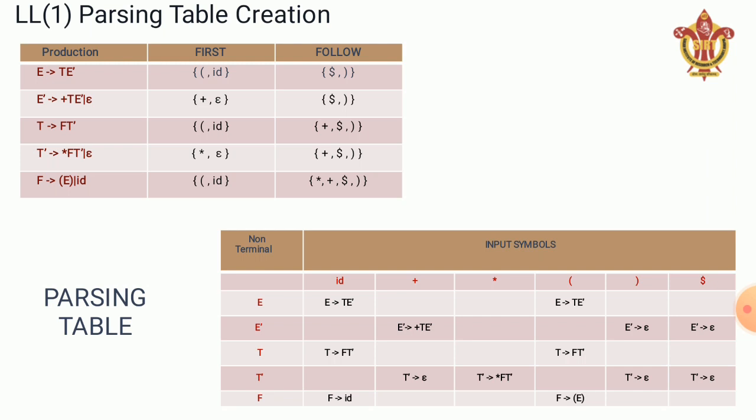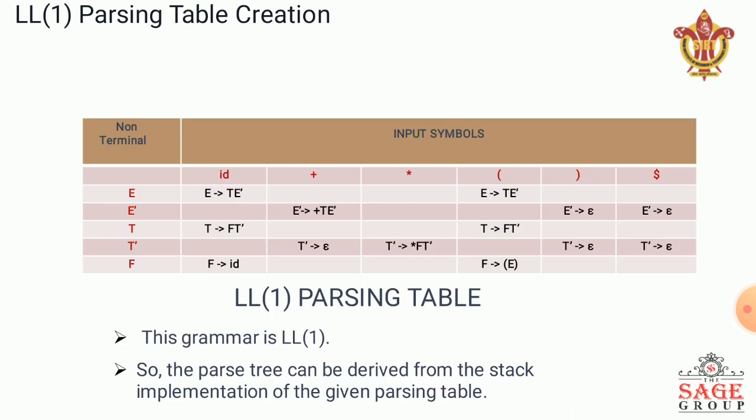In case of F produces opening E closing, the first of this is opening bracket, so we write F produces opening E closing there. So we use these rules to fill or generate the parsing table. So this is the complete LL1 parsing table for the given grammar.